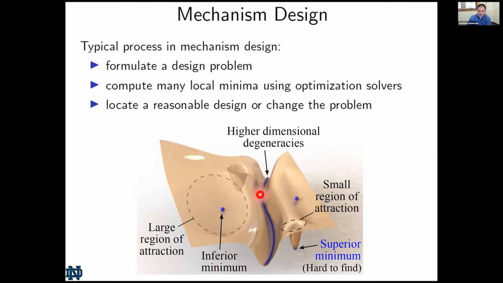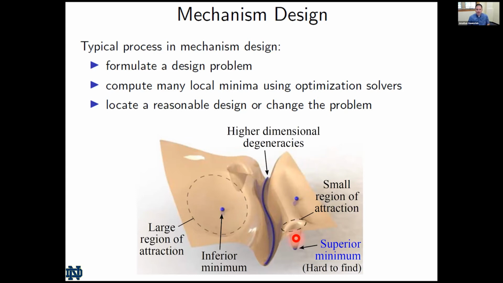You can have higher dimensional degeneracies that can attract lots of solutions with the optimization solver. And oftentimes, the superior one that you want to find has a really small basin of attraction. So you kind of have to get lucky to find these superior minima.